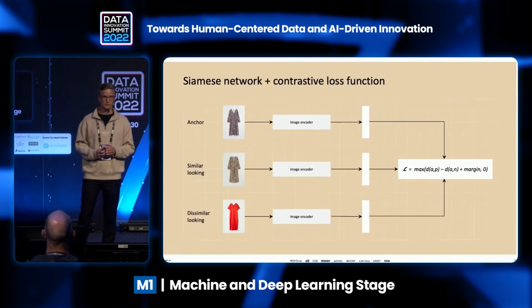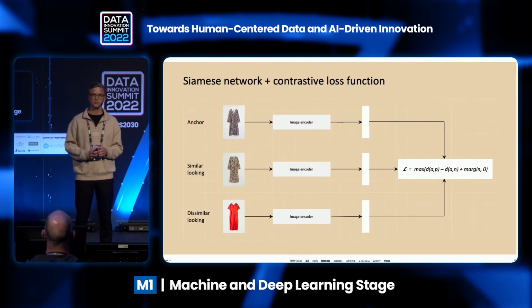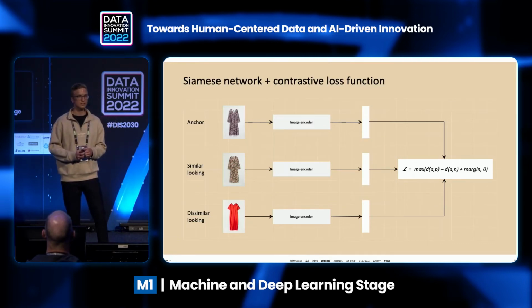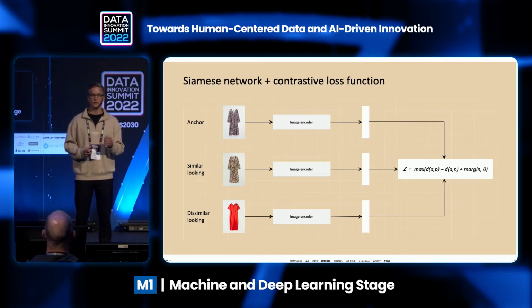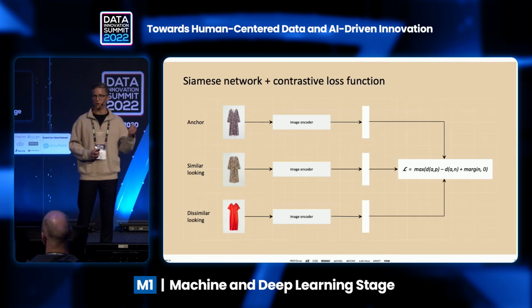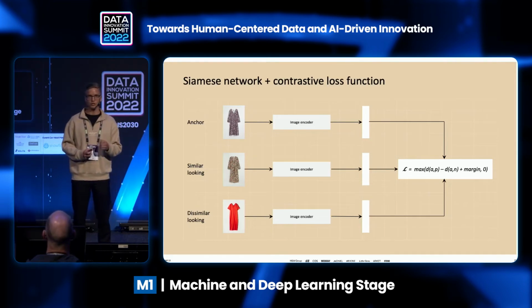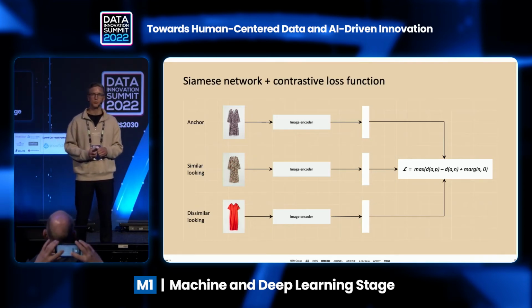We are using a Siamese network plus a contrastive loss function for creating these embeddings. The reason why this is a Siamese network is because we're using the same encoder for processing the image data of all of these three images. So they're sharing the same weights, and we're updating the same weights during backpropagation.